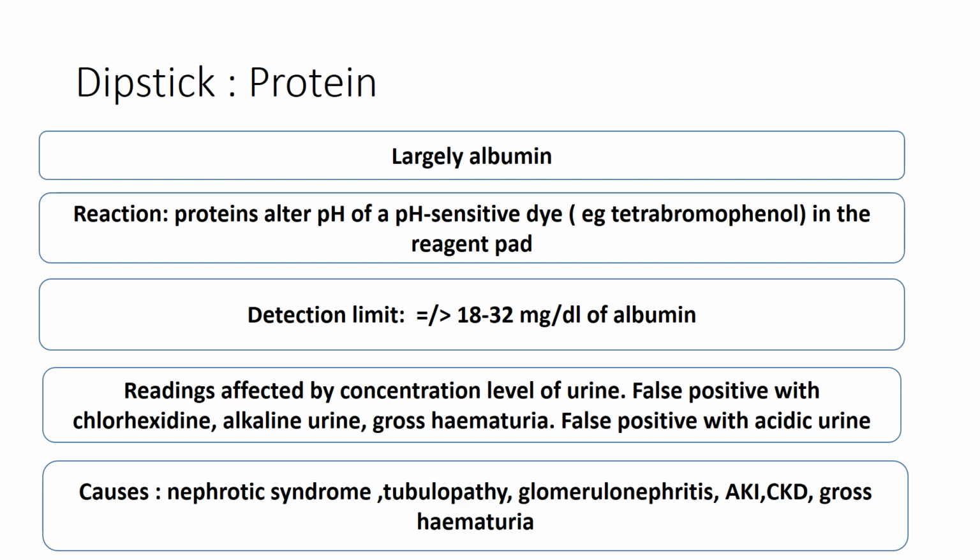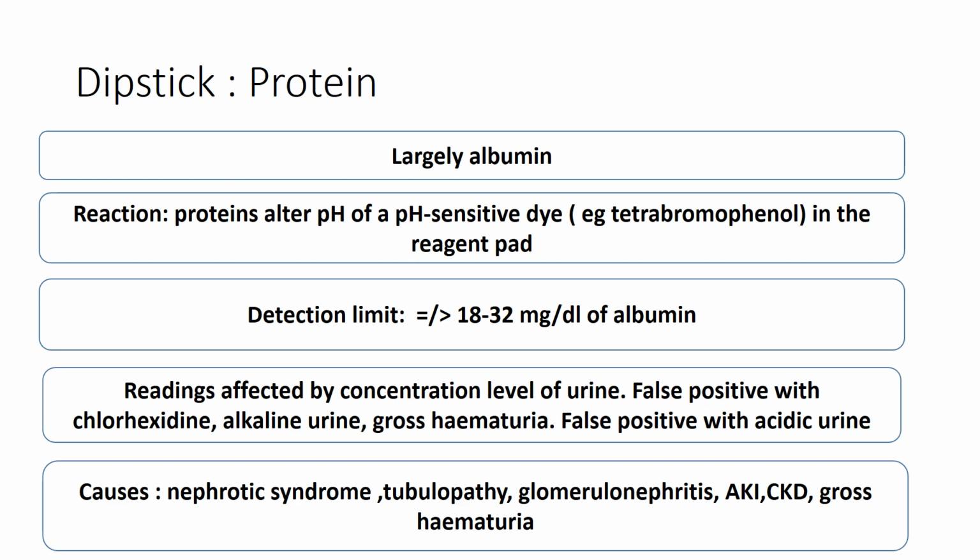And it's important to remember that these readings are affected by concentration. So, for example, if we have a patient who is passing large quantities of dilute urine, the reading of the dipstick will be lower than a similar patient who is dehydrated with concentrated urine.